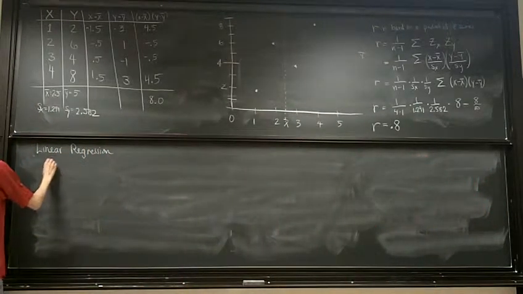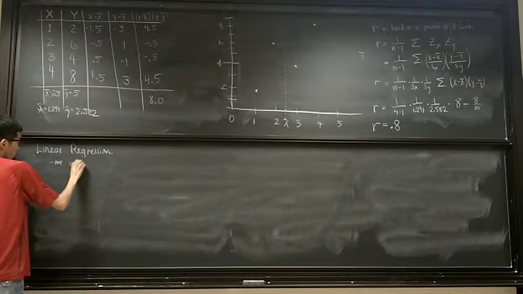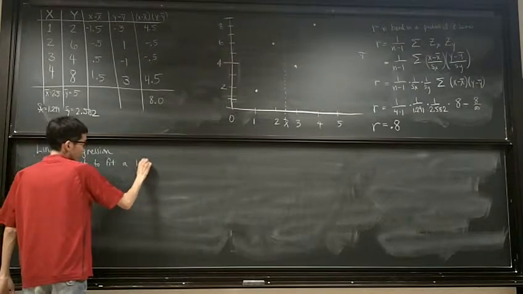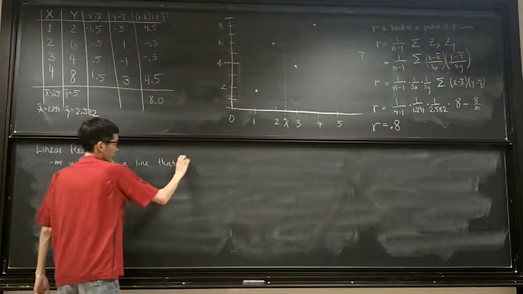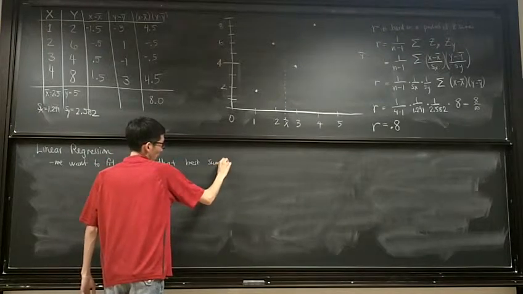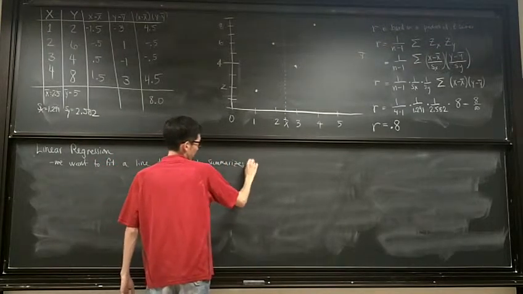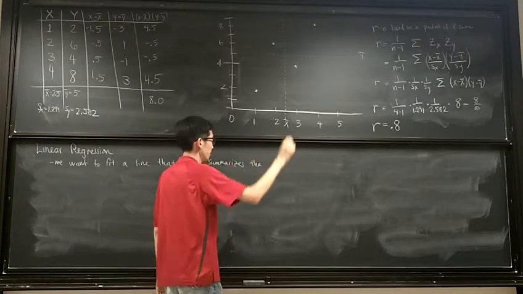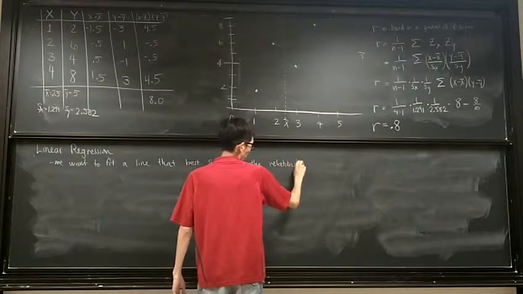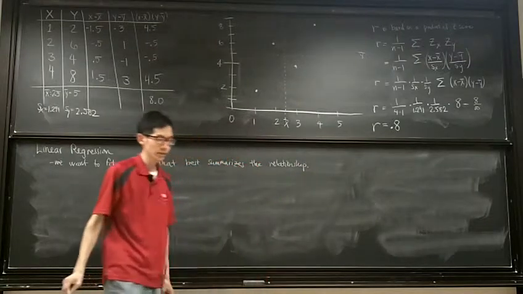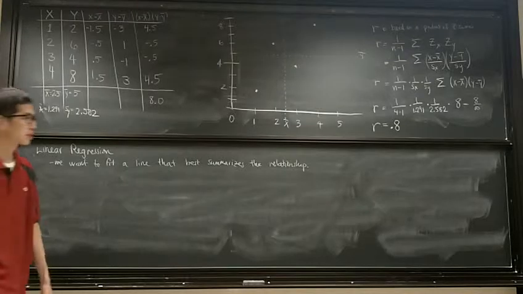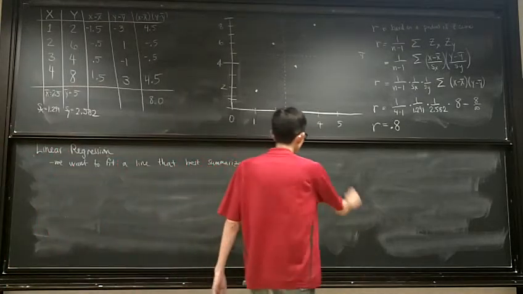Okay, so we want to fit a line that best summarizes the relationship. And so the question is, well, how do we choose which line is the best? Which line?